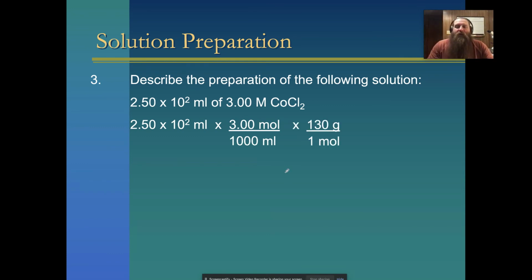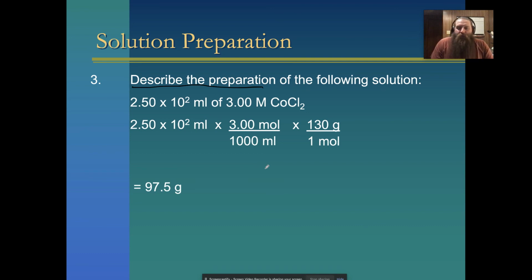That second thing I need to do is figure out how to convert moles to grams. Why do I need grams for this? Well, I'm describing a prep. So that means I need to be able to say, put this amount of CoCl2 into this amount of water. That's what the problems mean when they say describe the preparation. I don't have a scale that measures moles, so I have to convert moles over into grams so I have something that I can measure.